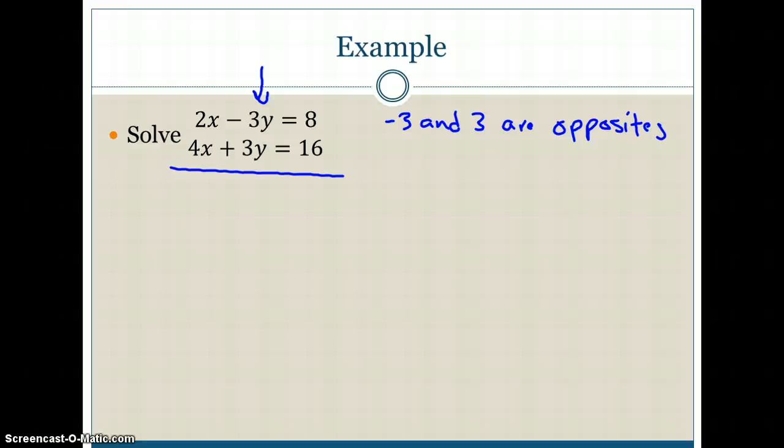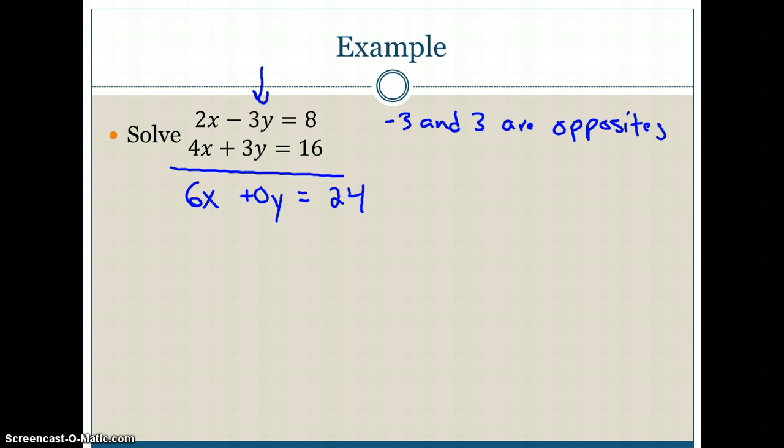That's what we need, because now when we combine, we're essentially adding 2x and 4x, which gets us 6x. -3y and +3y will be plus 0y, is equal to 8 plus 16, which is 24.